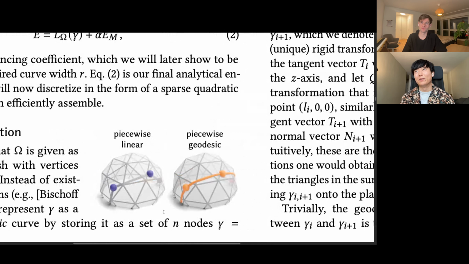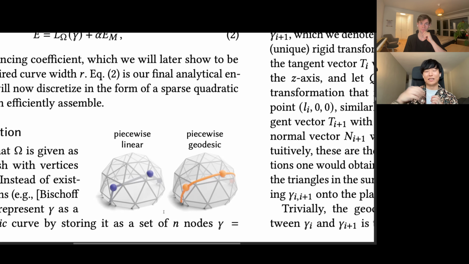We went through several literatures that do curve optimization on surfaces, and in most cases, people use this piecewise linear representation, which is basically first you have nodes placed onto the surface, and then you connect each other using a straight path, just a straight line in Euclidean space.